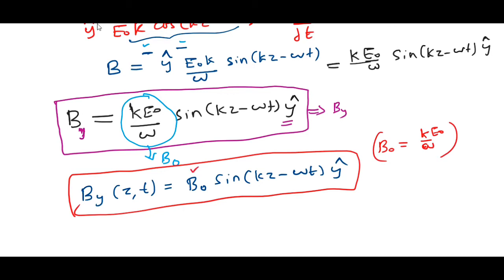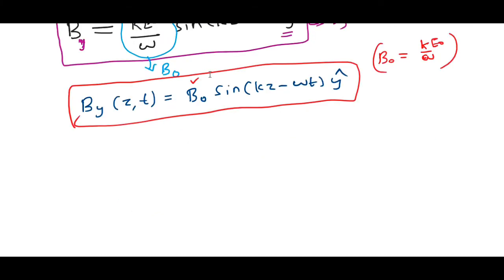This is the amplitude of the magnetic field. What is that amplitude? The amplitude B0 is equal to k by ω E0.